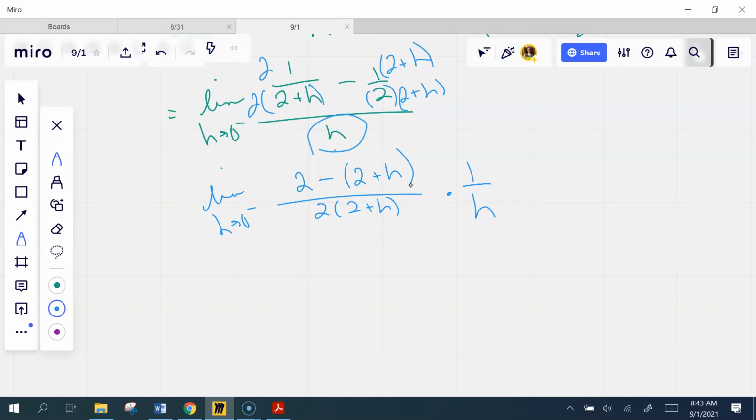Because it was in the bottom, I got fractions and fractions. I'd rather just have one fraction if I can. So the limit as h goes to 0 from the left. This is going to go away. So I have negative h over 2h times 2 plus h.